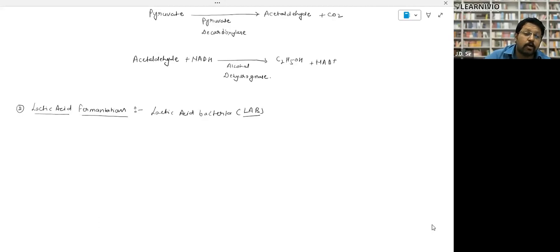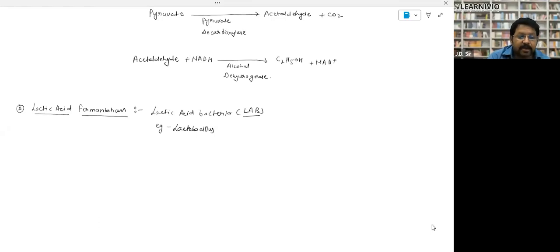The group of bacteria are called LAB, lactic acid bacteria, like, for example, the curd making bacteria Lactobacillus. You must have heard about this. So it's a type of LAB. All those bacteria which break down to lactic acid are called LAB.